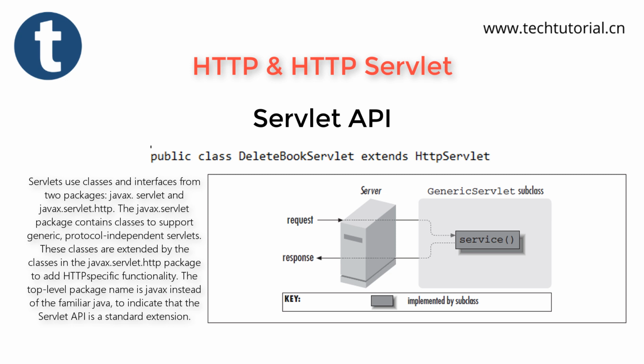When we want to implement an HTTP servlet, at that time we will use the javax.servlet.http.HttpServlet class. A protocol-independent servlet should subclass GenericServlet, while an HTTP servlet should subclass HttpServlet, which is itself a subclass of GenericServlet with added HTTP-specific functionality.